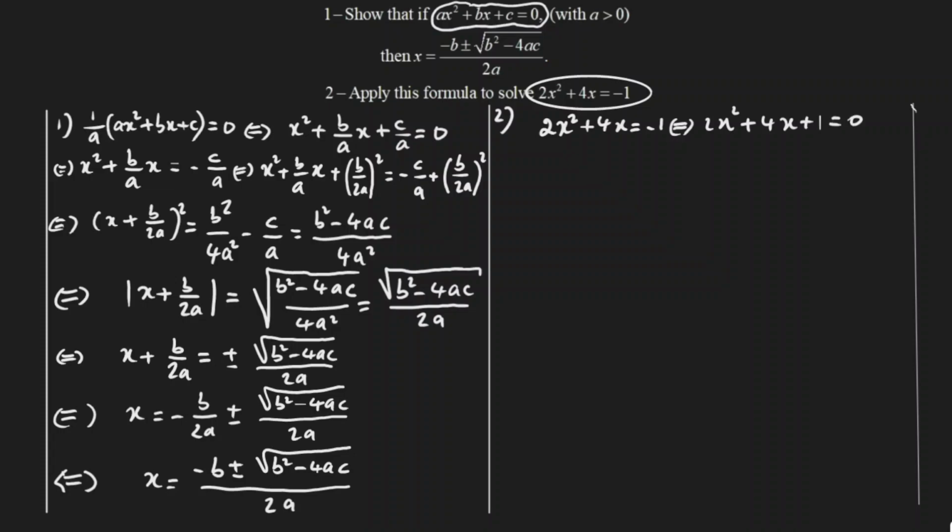Now, what are a, b, c here? My a is 2, my b is 4, and c is 1.